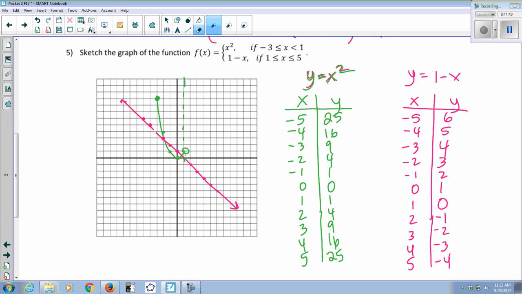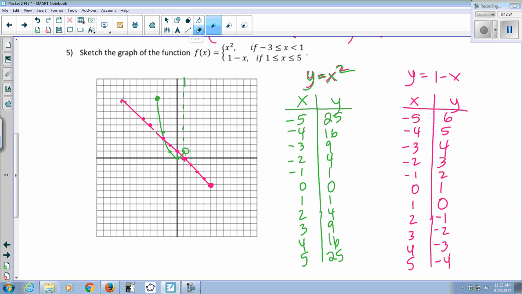All right, so for my pink graph, I only want to graph x's from x = 1 to x = 5. So erase everything to the left of 1, which is right here. I'm supposed to include the 1, so I can put a big closed circle on that 1, and then go till 5. So 2, 3, 4, 5, that's the last one I'm supposed to include. Erase everything after that.